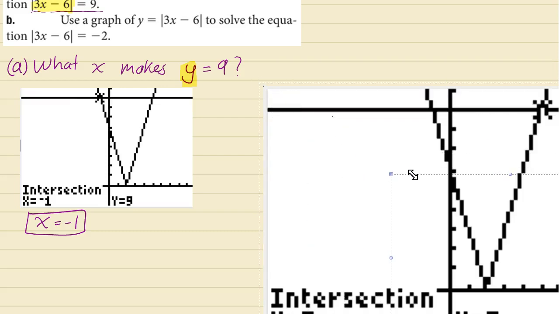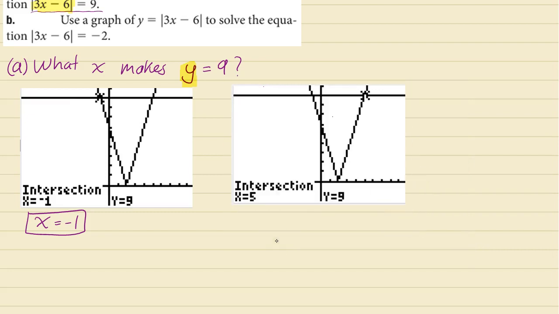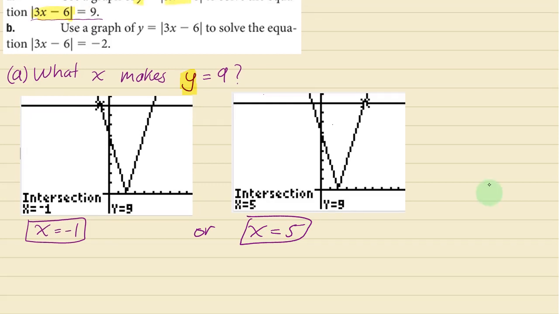So that's your other solution. That's the other value of x that makes this work. It is x equals 5.